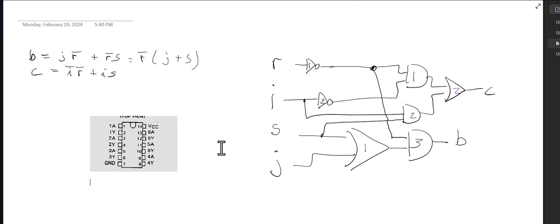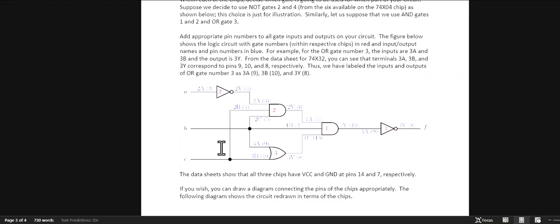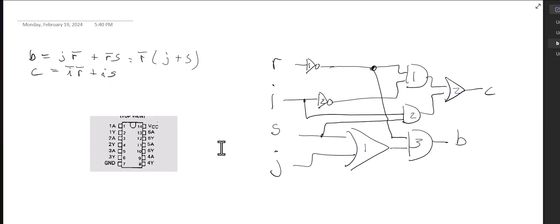And put it here. So I can now say, if I'm matching it with this, so this will be 1A, which is pin 1, and this is 1Y, which is pin 2, and this is 2A, which is pin 3, and this is 2Y, which is pin 4.